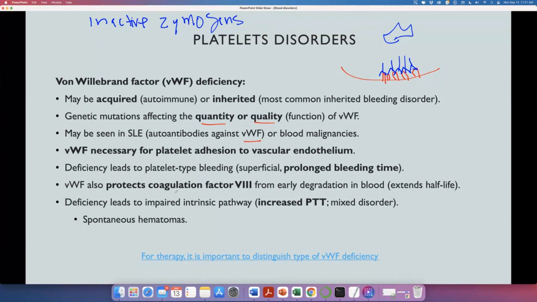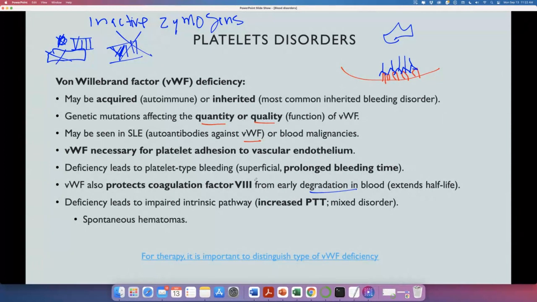One of the functions of this Bombiligram factor is that it allows the transport of factor 8 and protects factor 8 from degradation. So if these people don't make Bombiligram factor, factor 8 is going to travel without protection and it's going to be destroyed very early after the liver or the endothelium produces it.